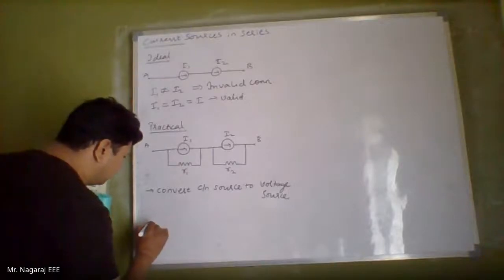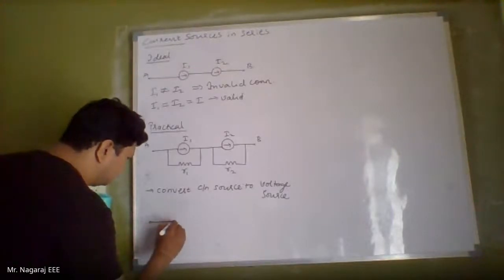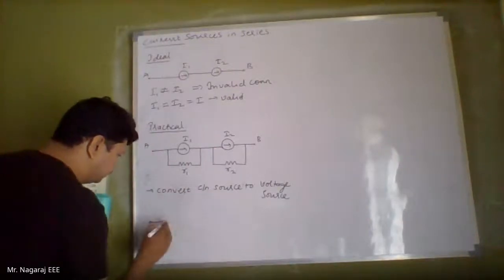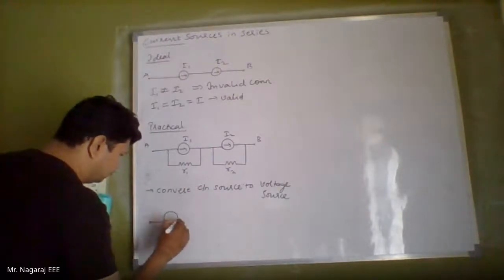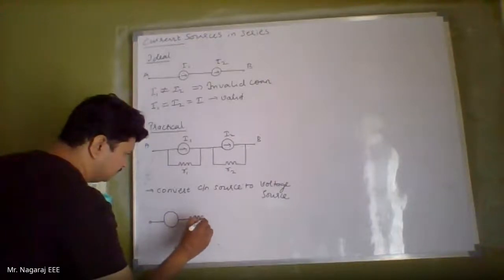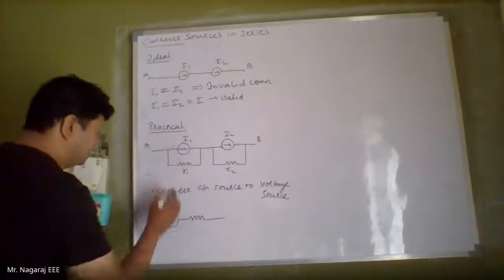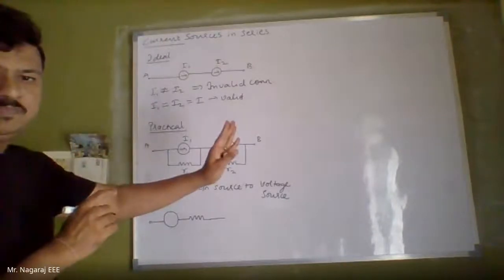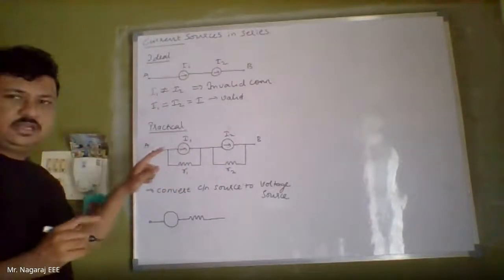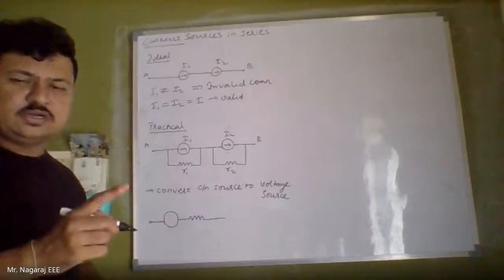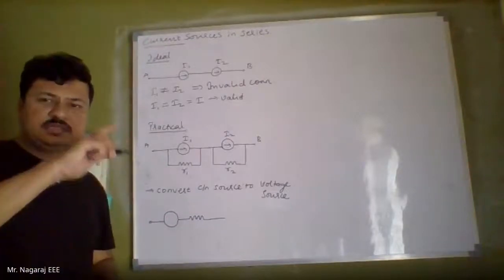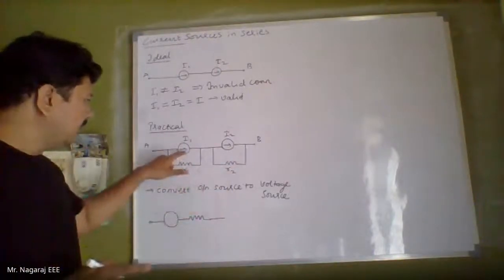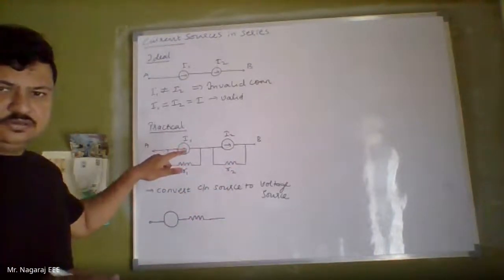So what do I get? See, the direction of current is from left to right. We have seen in conversion of voltage source to current source, whichever side there is the positive sign of the voltage source, that side I get the arrowhead.